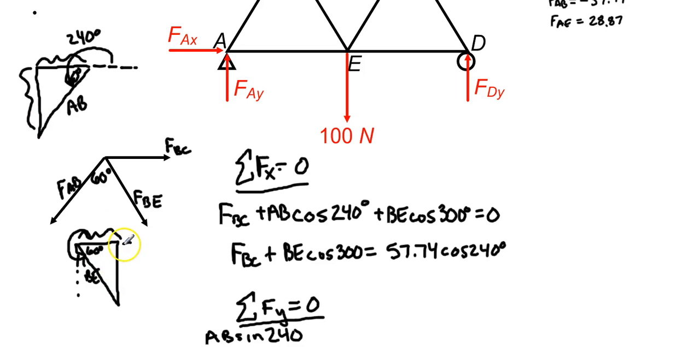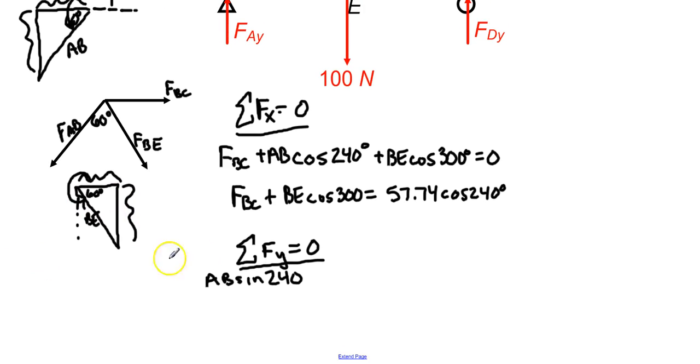Down here, we're trying to figure out this piece right here, an expression for that piece. So that's going to be BE times the sine of 300 was our angle that we're going to use in order to wrap all the way around to get to our vector.